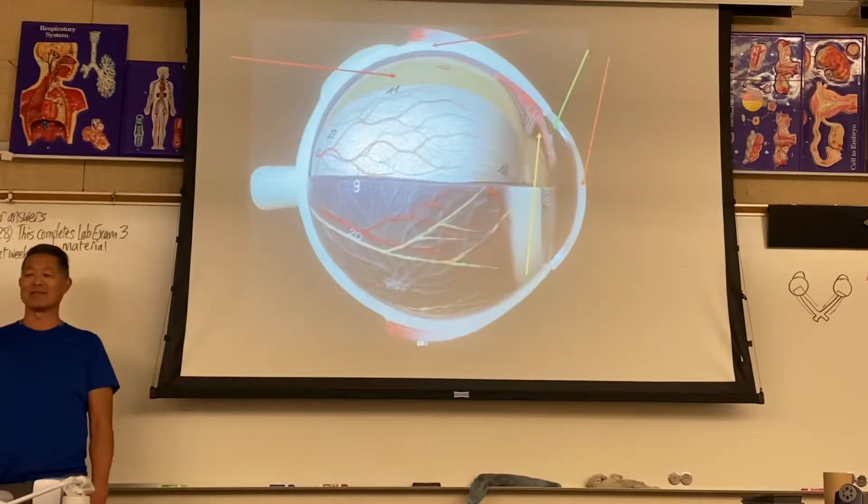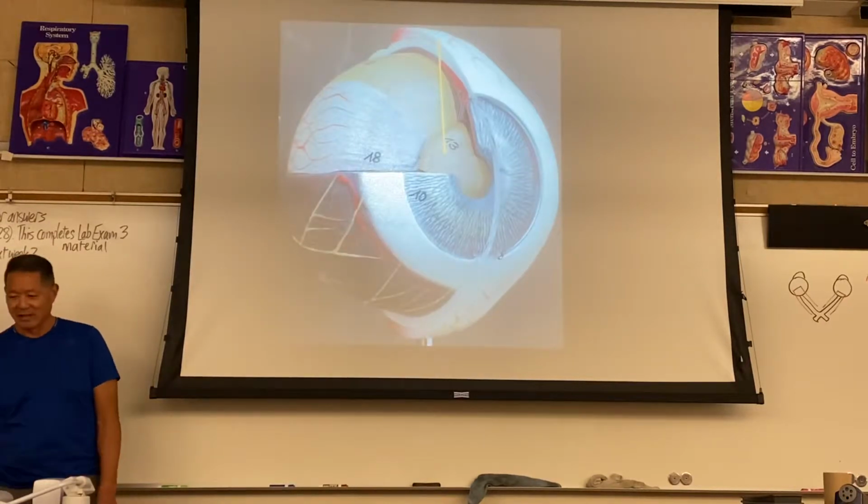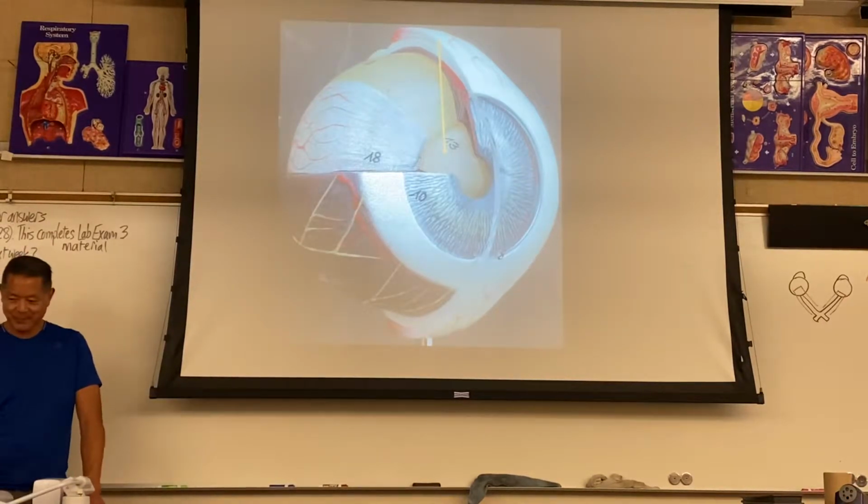Can you repeat the top red one? That's sclera, and the orange one's cornea. A plus B equals scleroid coat. Okay. Sclera, cornea. Everybody got these? Yellow is lens. Orange is iris.